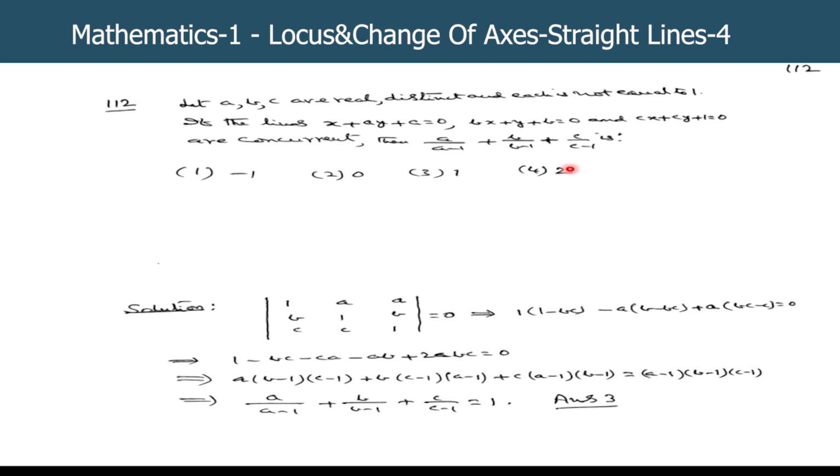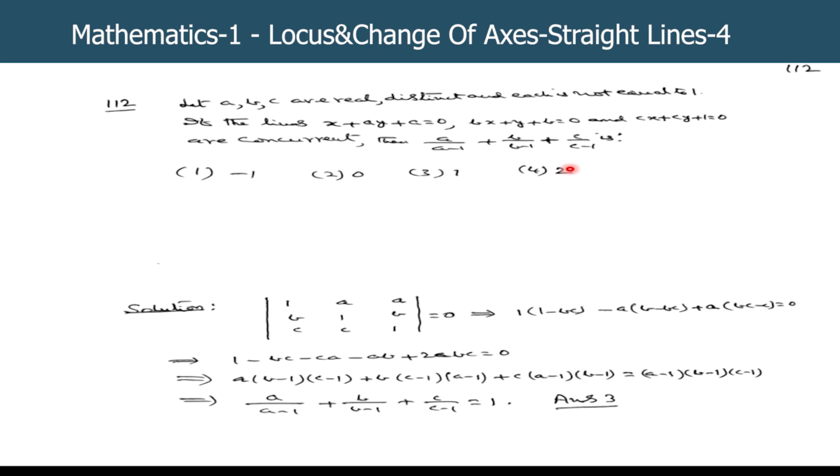Must be 3abc, you must get. So for that, adding and subtracting some terms on both sides, you get a into b minus 1 into c minus 1, plus b into c minus 1 into a minus 1, plus c into a minus 1 into b minus 1, is equal to a minus 1 into b minus 1 into c minus 1.